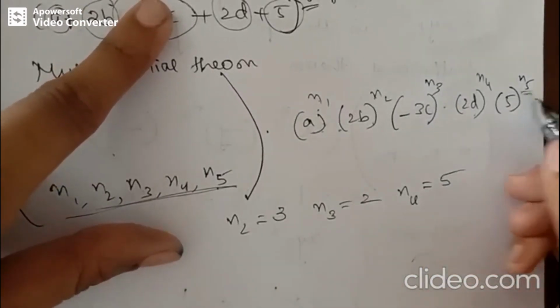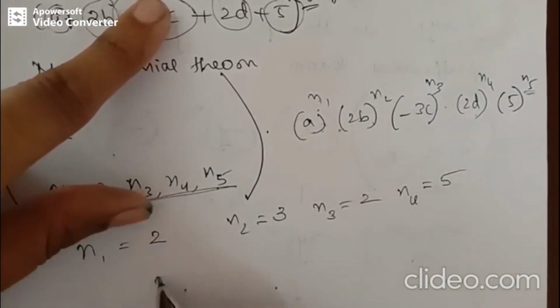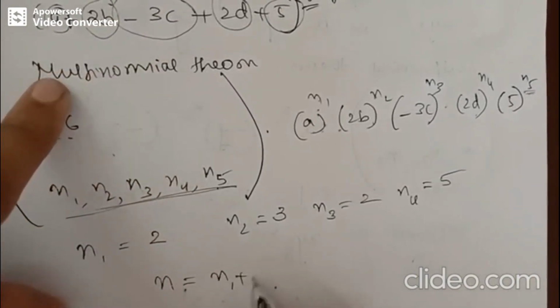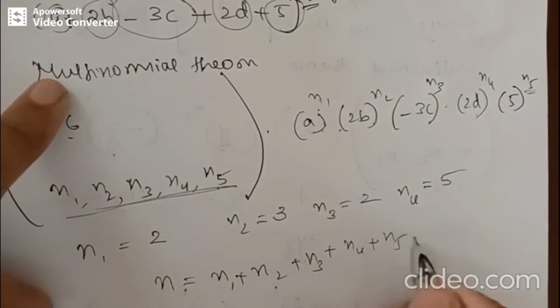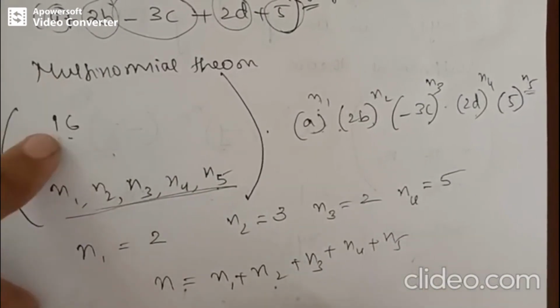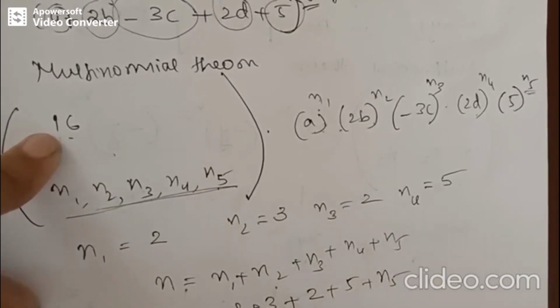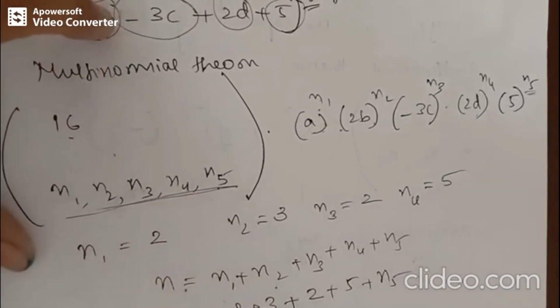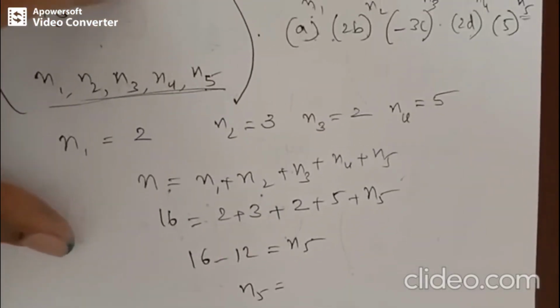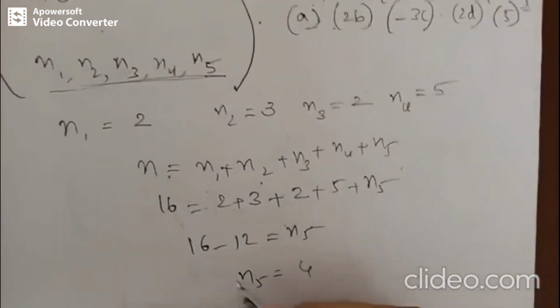But we do not know n5. However, we know n is the sum of all the terms, so we can derive n5. We have n value 16, so it is 2 plus 3 plus 2 plus 5 plus n5. So n5 is 16 minus 12, or n5 is 4.